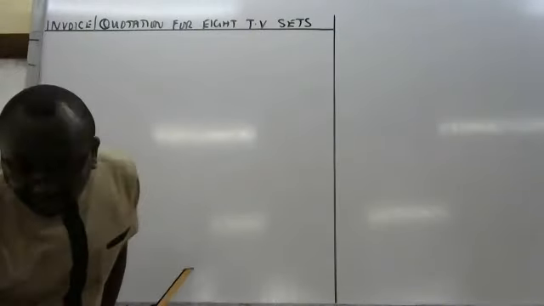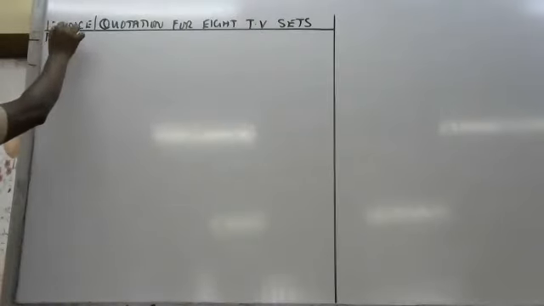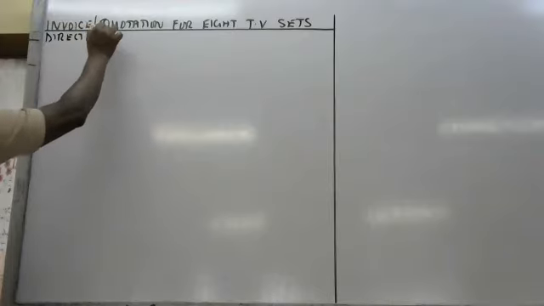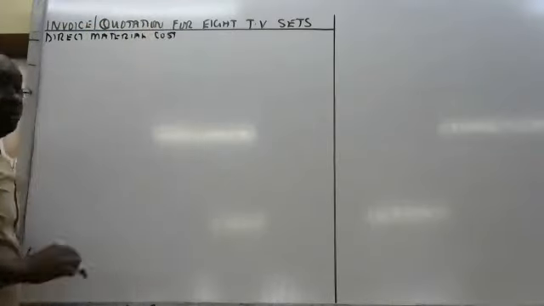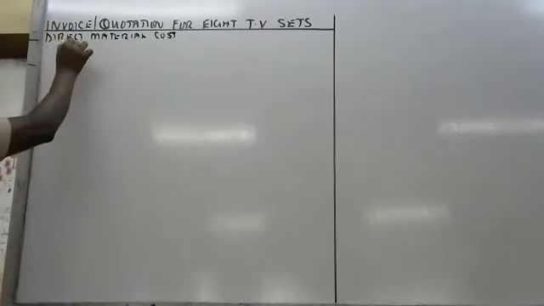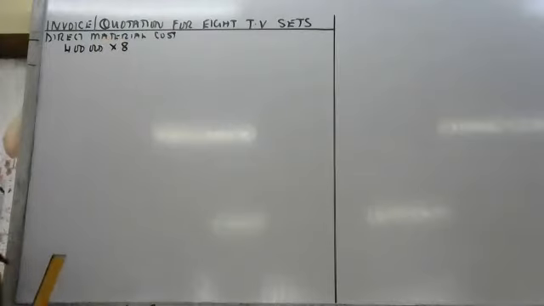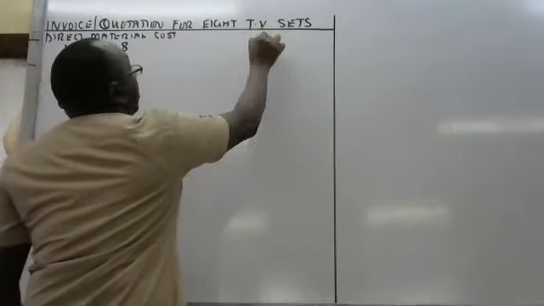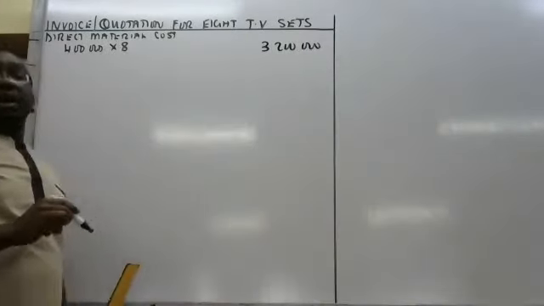So we just follow from the top, direct material costs. You are told it is 400,000 per TV. So when you multiply by 8, that gives us how much? 3.2 million.